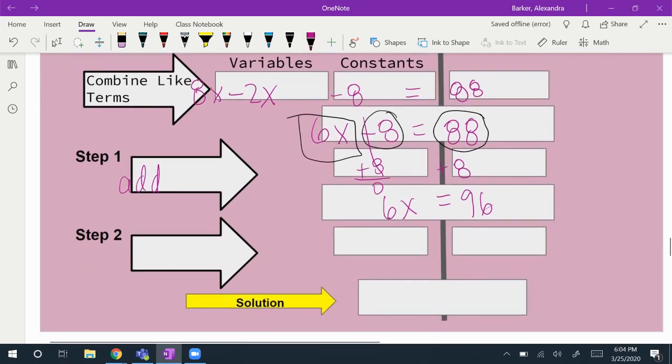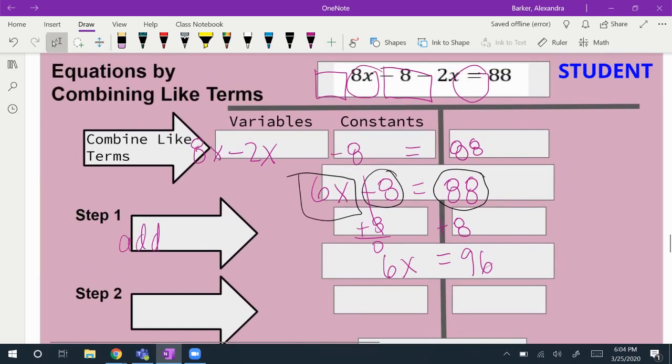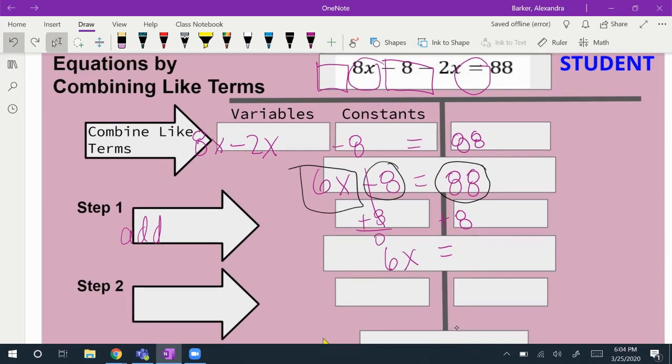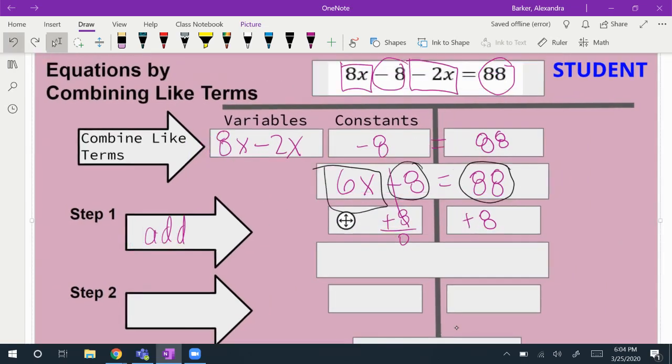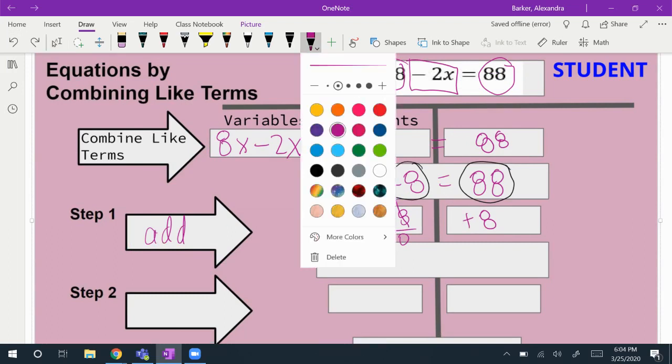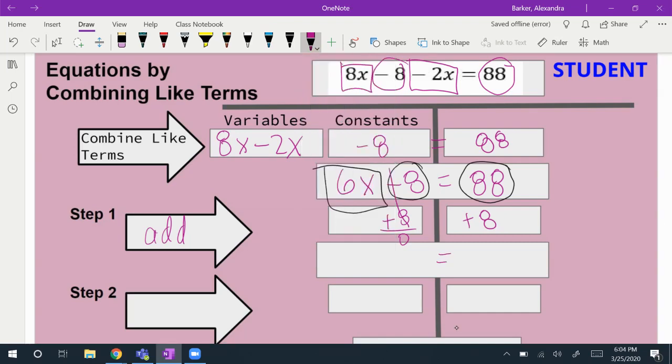I apologize for that. In fact, let me see if there's a way for me to undo that. We all make mistakes, including teachers. Okay. All right, so I ended up with, oh, much better. 6x equals, and over here, 96.